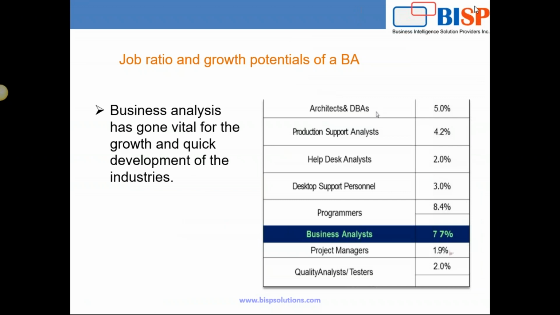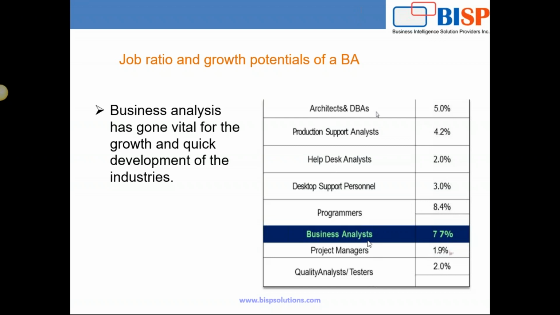Here, if you see in this slide, you can see the job ratio and the growth potential of the BA. Different other job roles are available. And if you see, the business analysis ratio is 7.7%, which is parallel to the programmer at 8.4%.